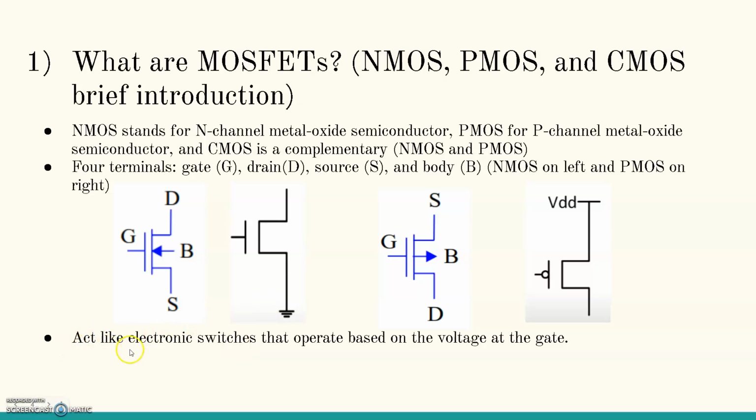And I'll go over in more detail, but basically they act like switches that operate based on the voltage at the gate. So it's unlike the BJT, or the bipolar junction transistor, which is a current controlled current source, but the MOSFET is a voltage controlled current source.